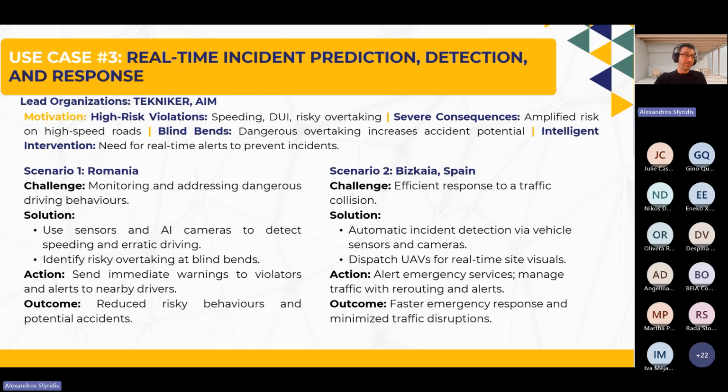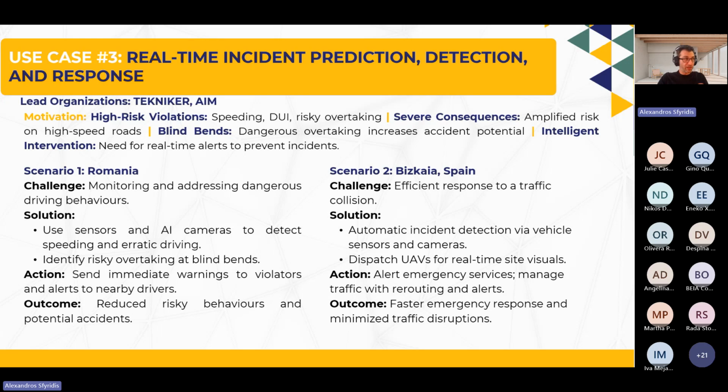So the focus of this first scenario is proactive detection and warning for risky driving behaviors, such as speeding, driving under the influence of substances, and so on.